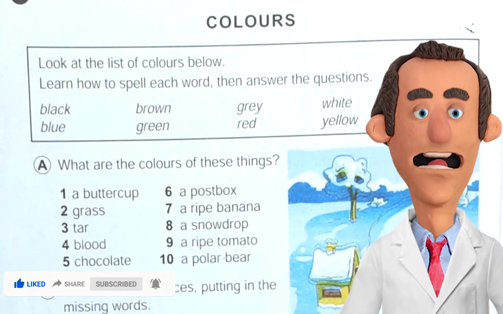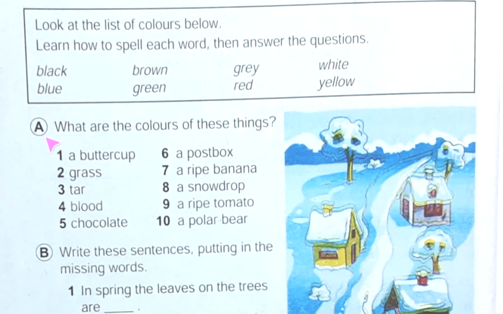So after reading this, we're getting an exercise: what are the colors of these things? Here, a buttercup. I think you know its color, that is yellow. 2 number, grass. You know, I think its color is green, so beautiful green.